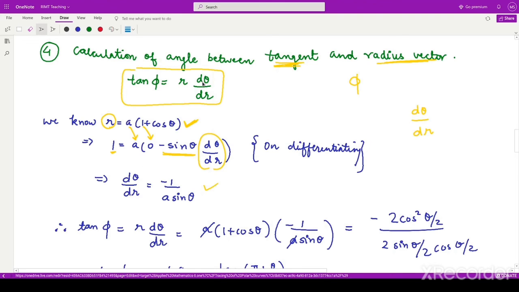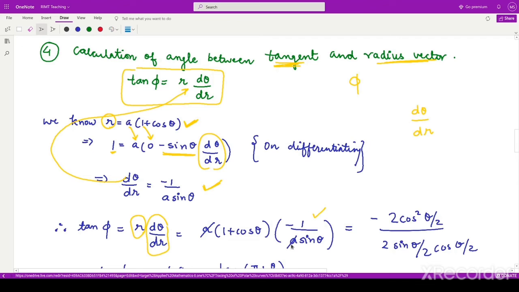Now once we know d theta by dr, we can substitute this value into this expression. So we would have tan phi equal to r d theta upon dr. Now we will substitute its value. It is minus 1 upon a sin theta, and we can also substitute the value of r. r is given to be a(1 plus cos theta).